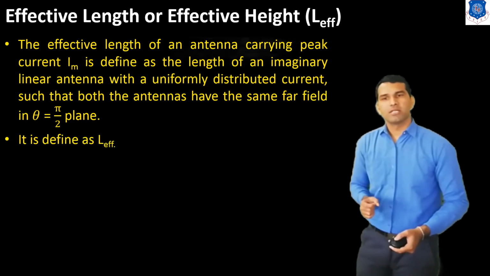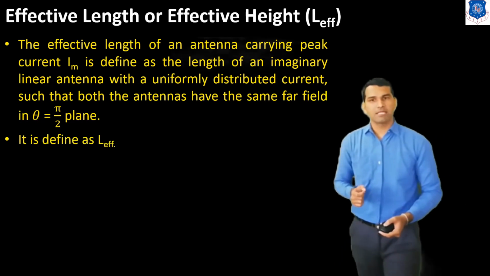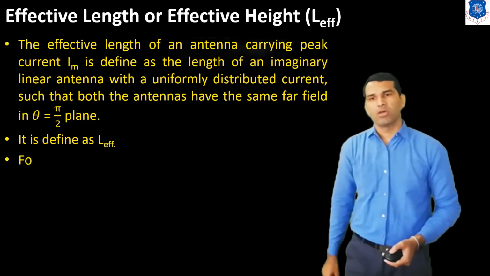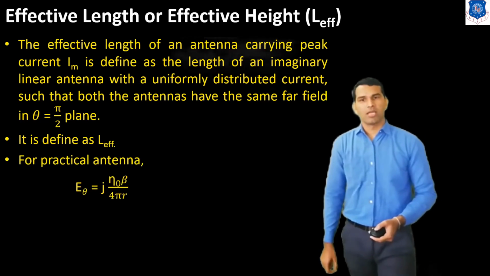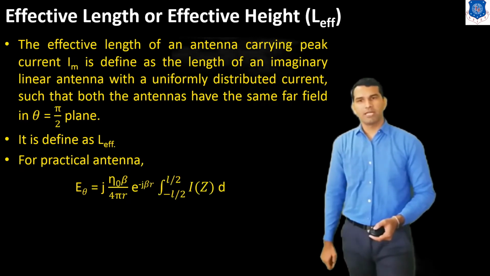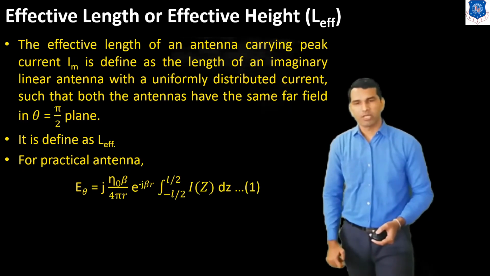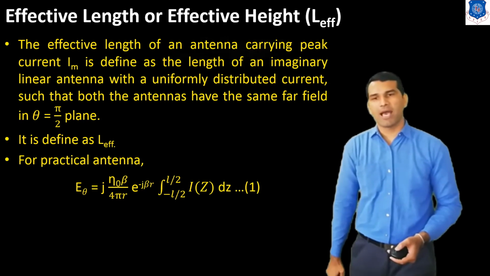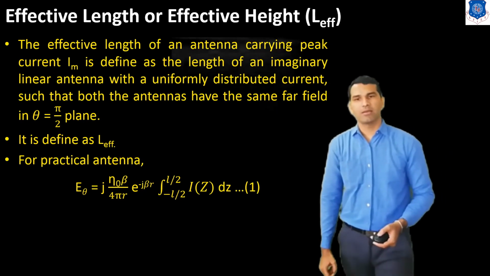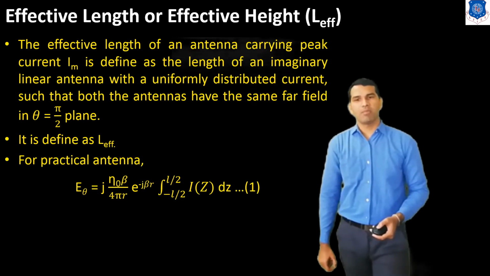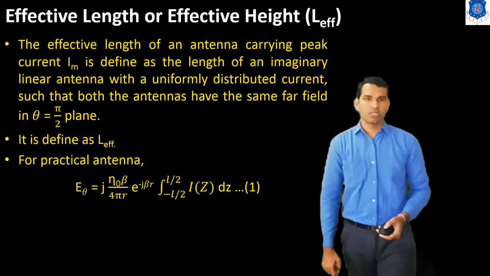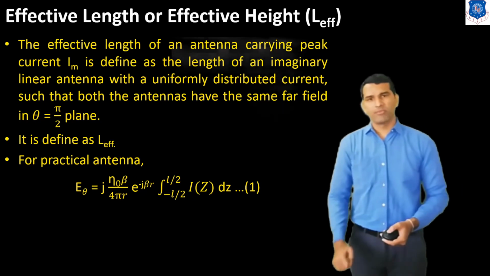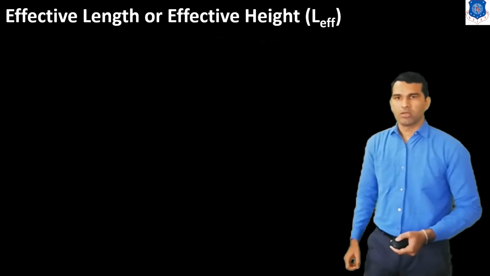It is denoted as L effective. For the practical antenna, we know that E theta = j eta 0 beta upon 4 pi r e raised to minus j beta r, integration from minus L by 2 to L by 2 of Iz dz. This is the electric field in the theta direction.